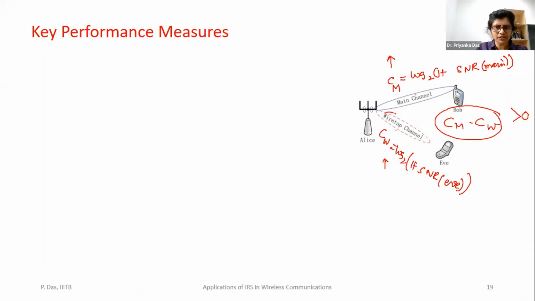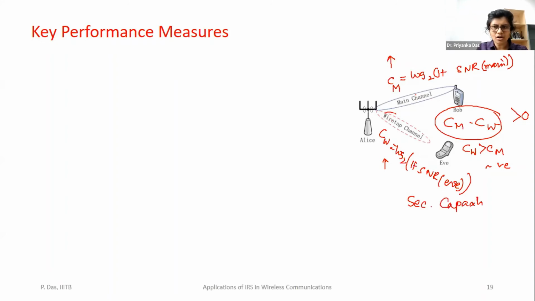There might be situations where your wiretap channel capacity C_W is greater than C_M, and then this difference will be negative. What do we mean by that? I will introduce a term called secrecy capacity.